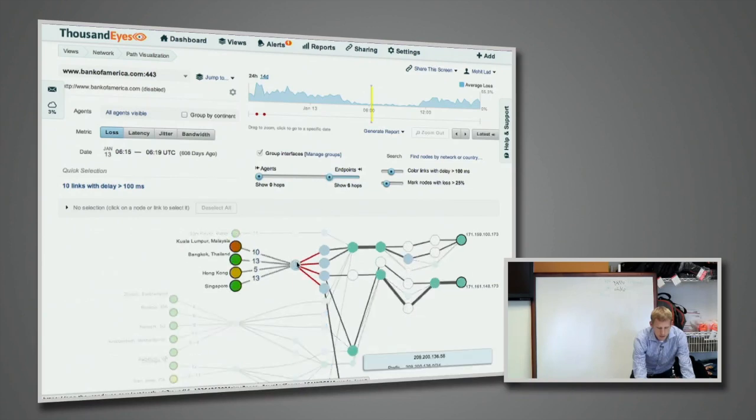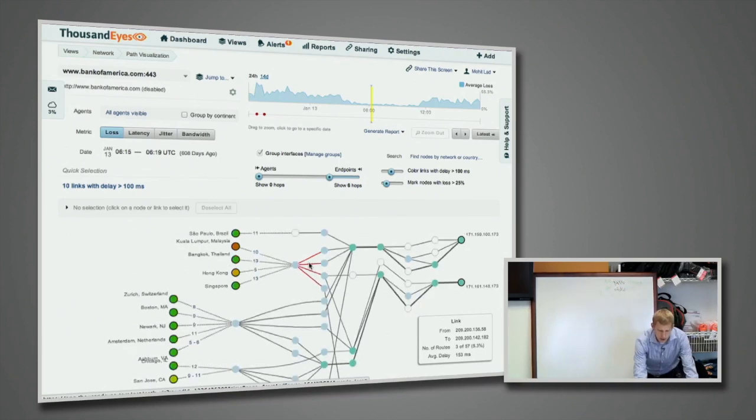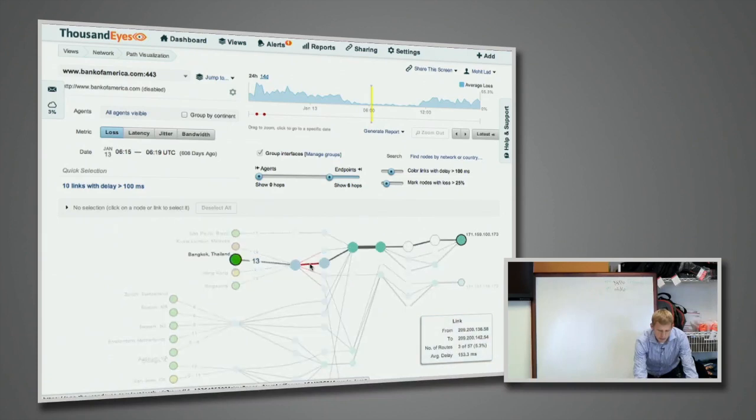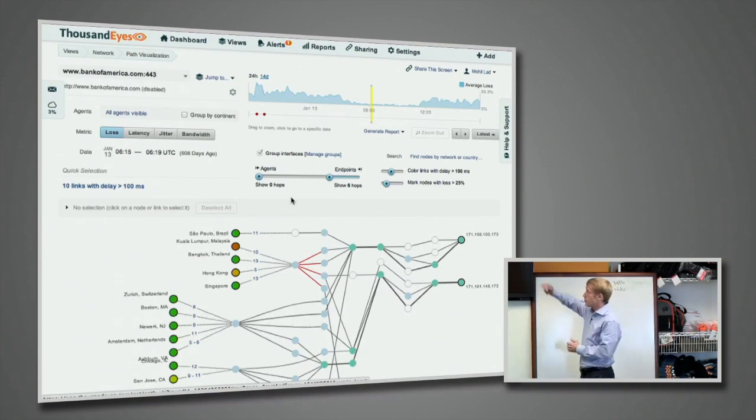We have this scrubbing center here, and we have some high link latencies: 153 milliseconds down below, 200, 153, 220, and 220. So again, this is indicating stress within the network.